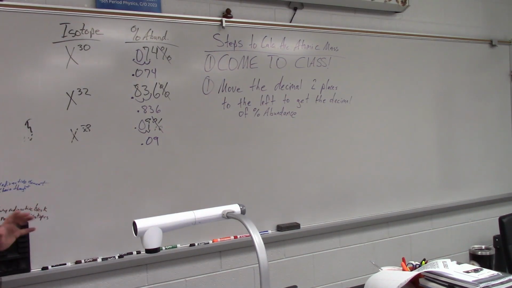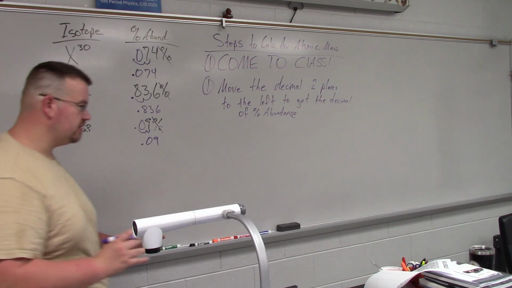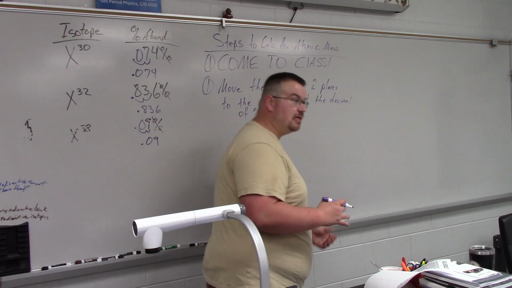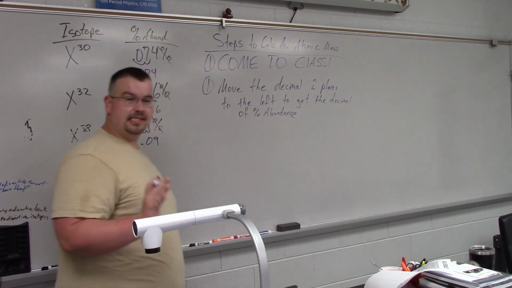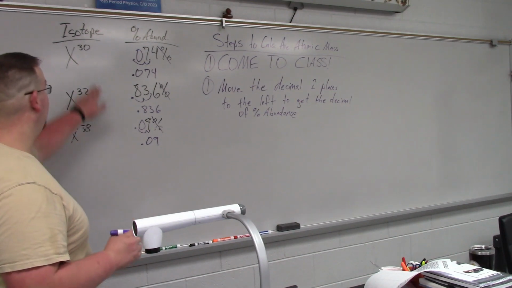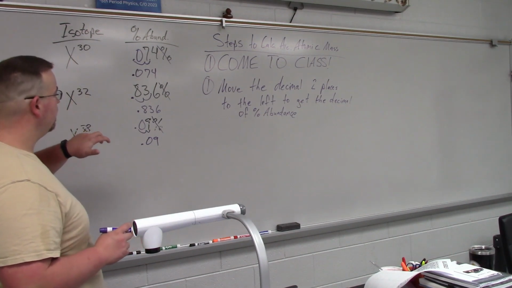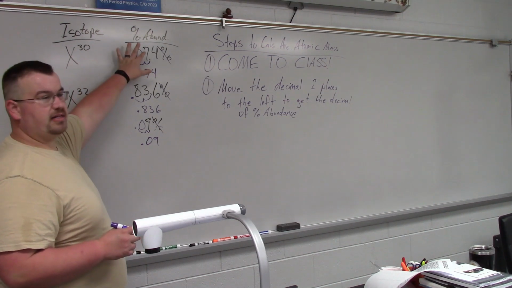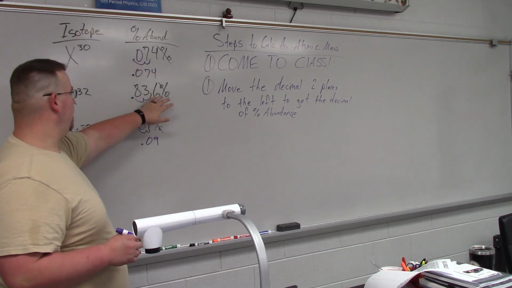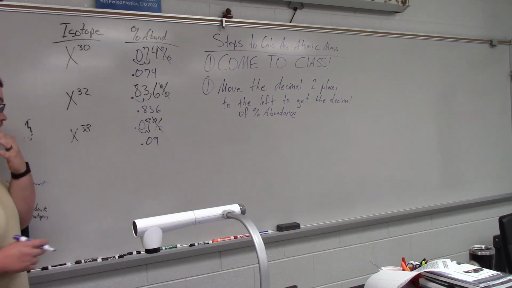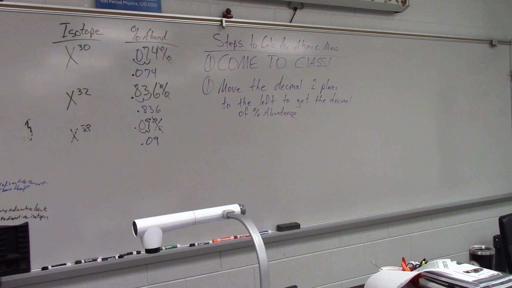Before I do anything, there's something I love to teach people. I love to teach them to do something called checks. What would make sense here? What number do you think will be closest to? So I have 30, 32, and 38. We'll look at the percent abundance. Around 7% is 30, 83% is 32, around 9% is 38.